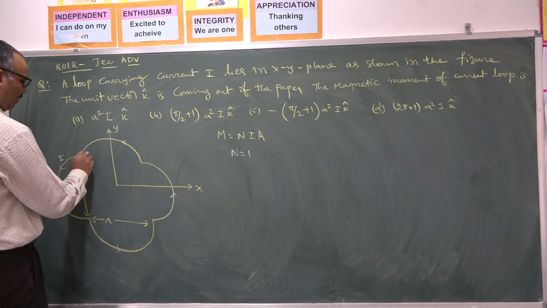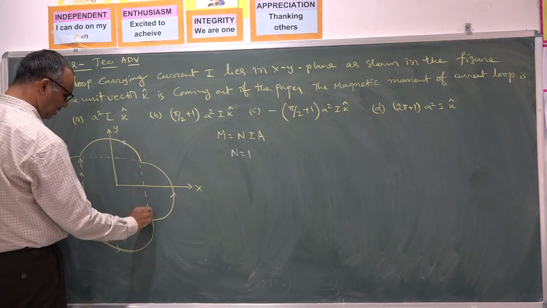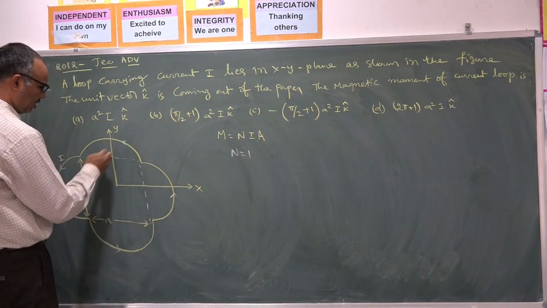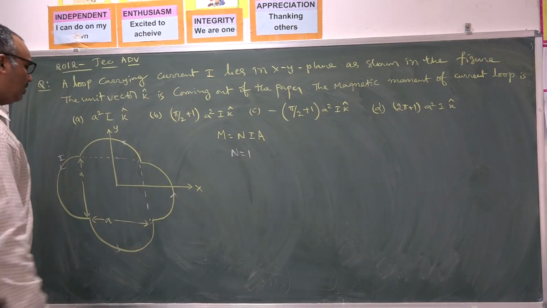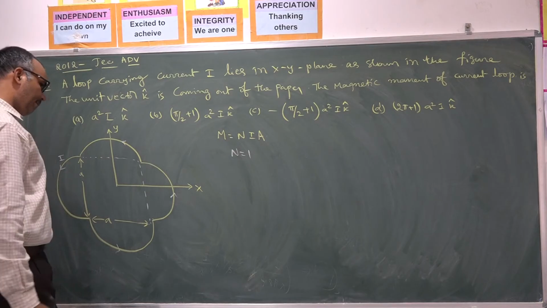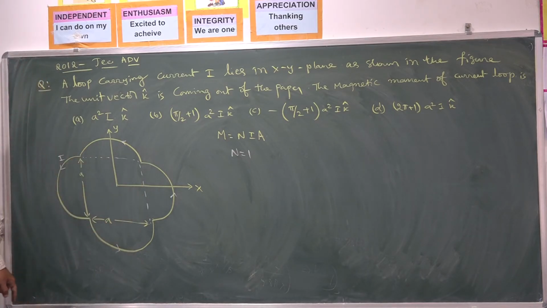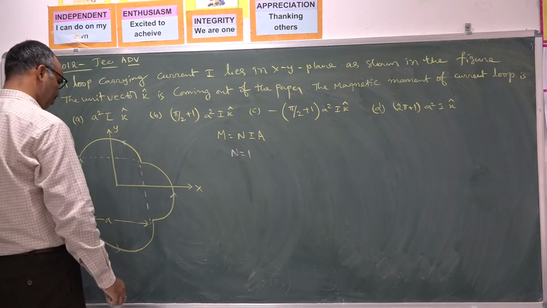Here it is a square and these are the semicircles. This semicircle has a radius a by 2. They gave diameter a, radius a by 2.